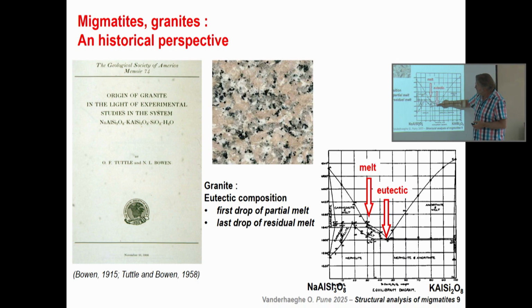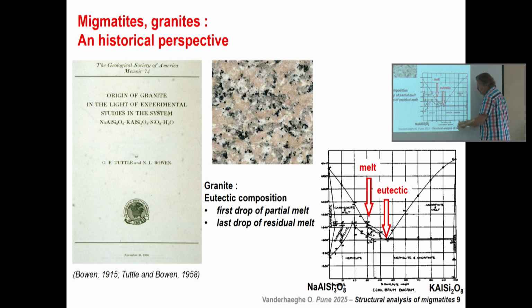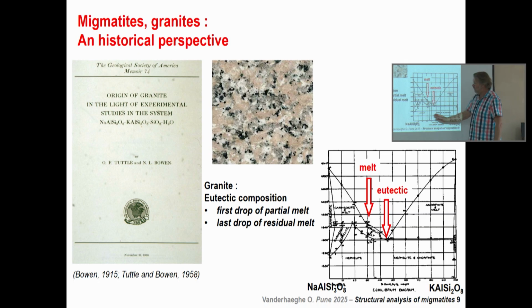And the last melt drop would have this composition, a composition that is different from the composition of the early melt. So if this last drop is separated from the crystals, then it would lead to something that is more potassium rich. And the residue would be more sodium rich.